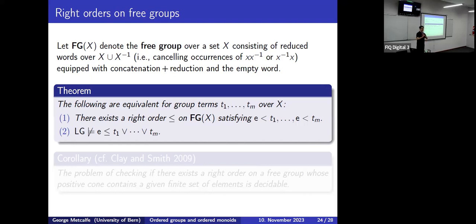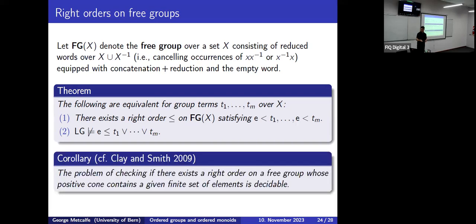So to kind of gloss over the details here, the point is that validity of equations in L groups corresponds to the existence of certain right orders on free groups. And this can be used to go back and forth.